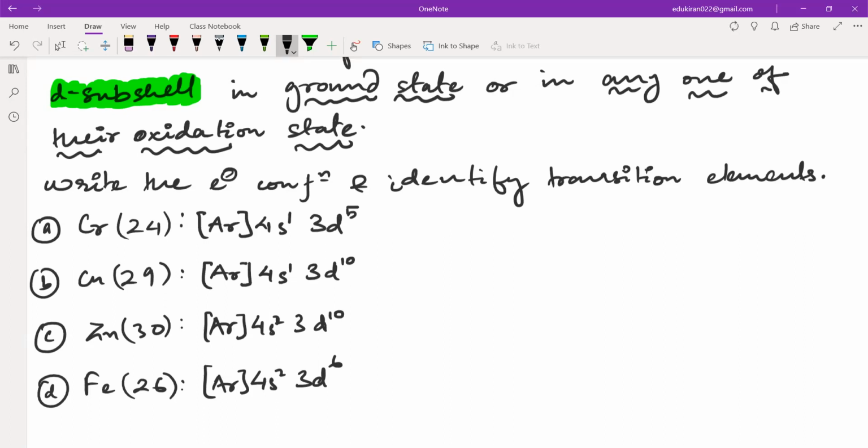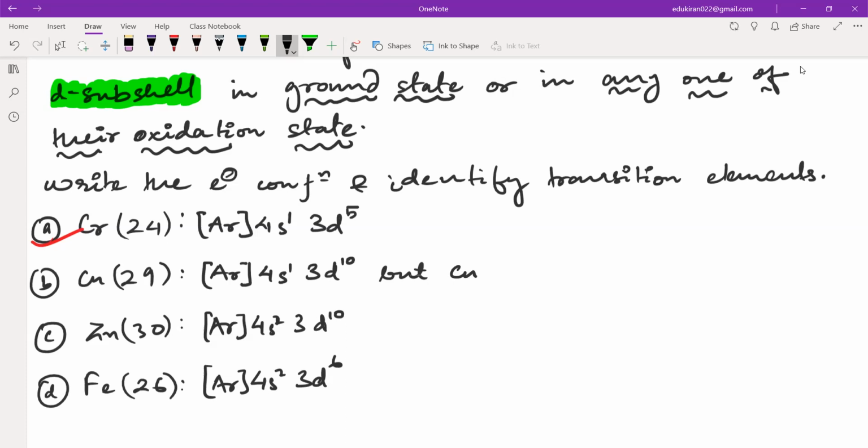Next thing is, if you look at them, chromium is a transition metal. Copper, you will see that it is not a transition metal because it has a complete 3d subshell. But please remember, in any one of their oxidation states.